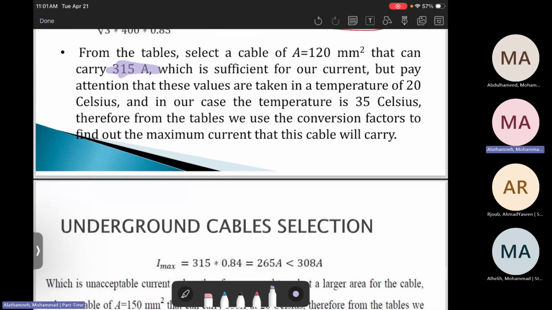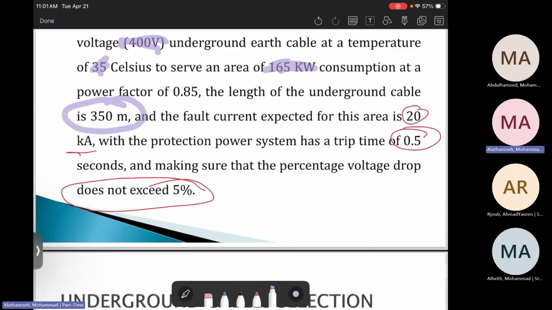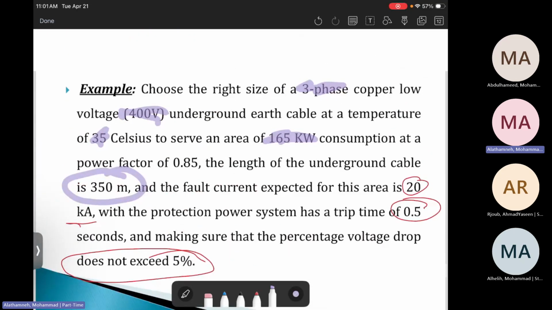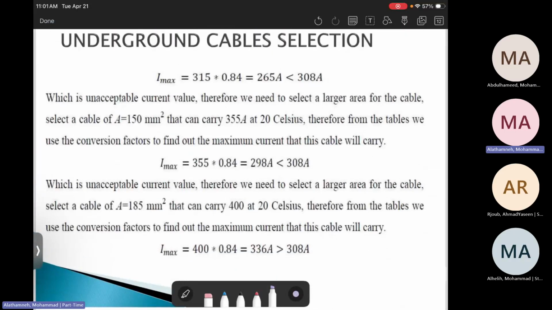So 315 times 0.84, which is basically related to the degradation of this.